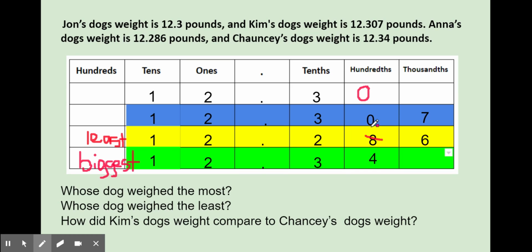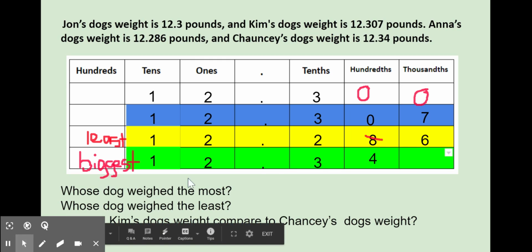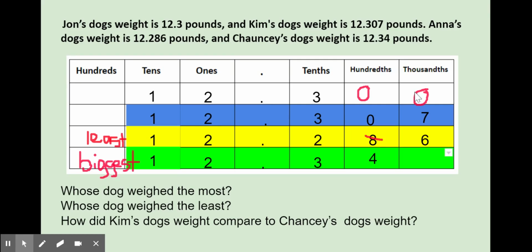So we have 0 and 0, so we go to our last place, the thousandths. We can put a 0 in there to fill that in. Actually, I'm going to erase that because we're no longer looking at that number, because this number is the largest, this number is the smallest, so then we're just looking at these two numbers.